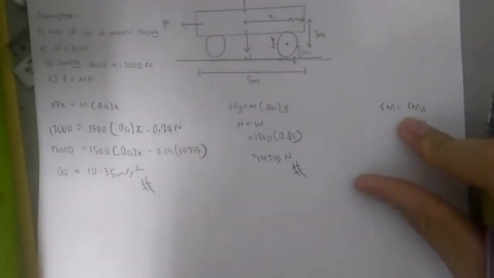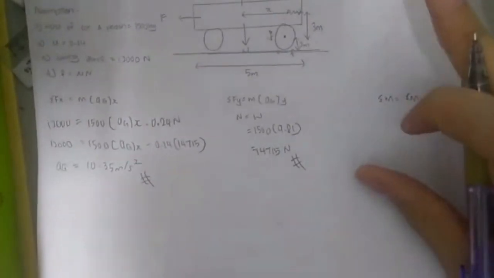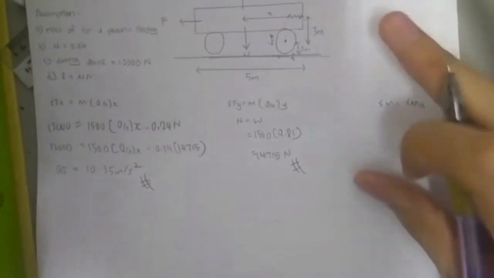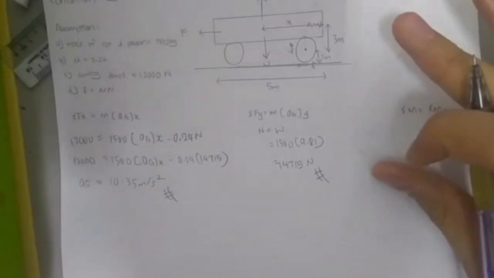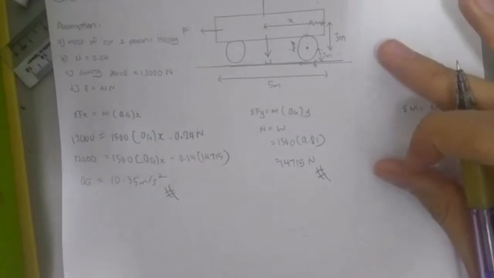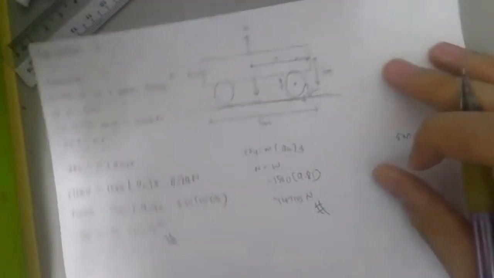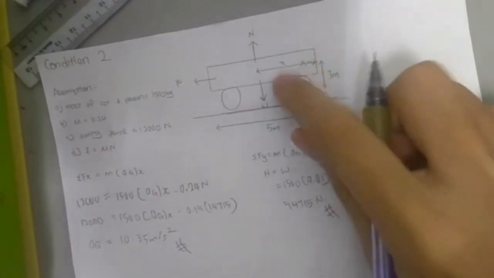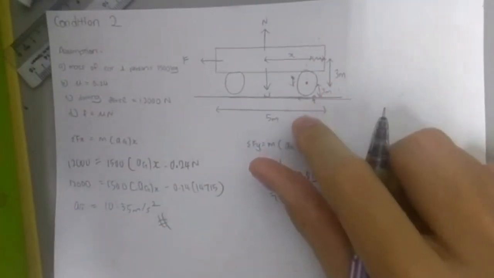Now we come to this first. So what is a moment, the formula of moment here? What is it used for actually? So actually it's used to determine whether the car is slip or not, because in this condition we have to prove that this car, whether it is slip or not.